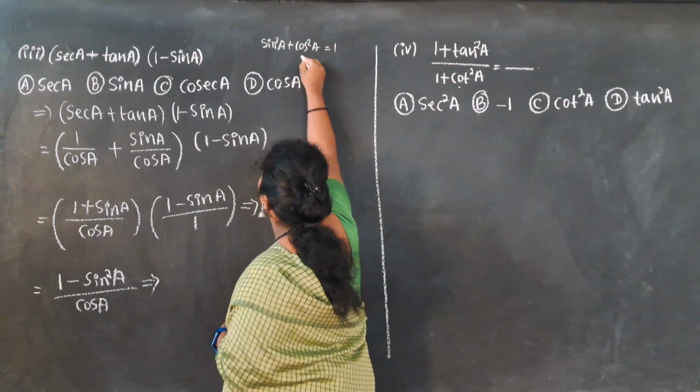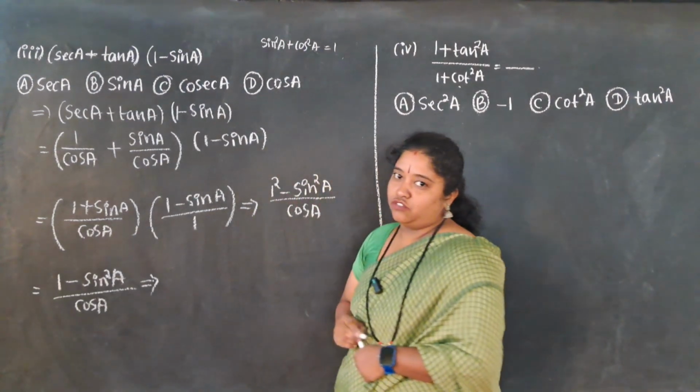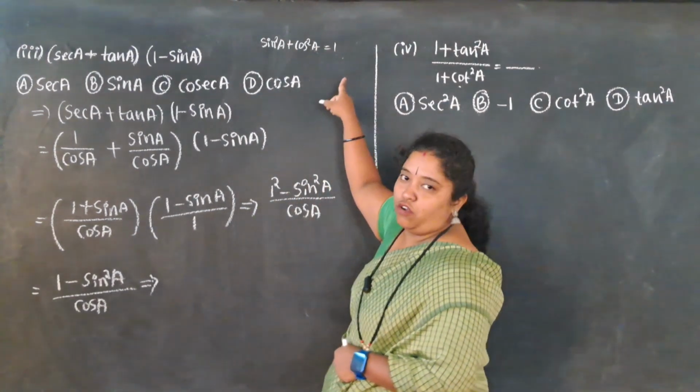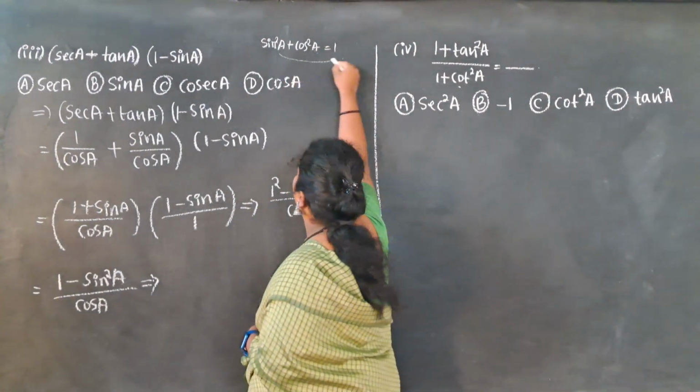If I bring this cos square to the other side, what happens, dear? Cos square A is equal to 1 minus sine square A. Do you remember?